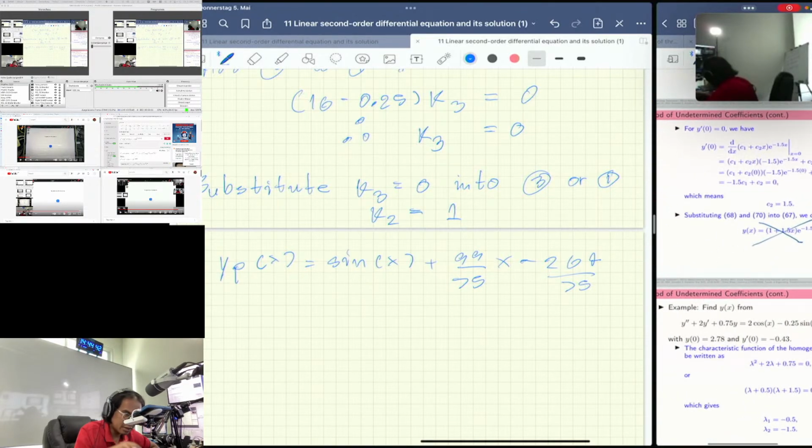The initial condition said y0 is 2.78, yp0 will be psi 0 plus 99.75, and here 0, and minus 264.